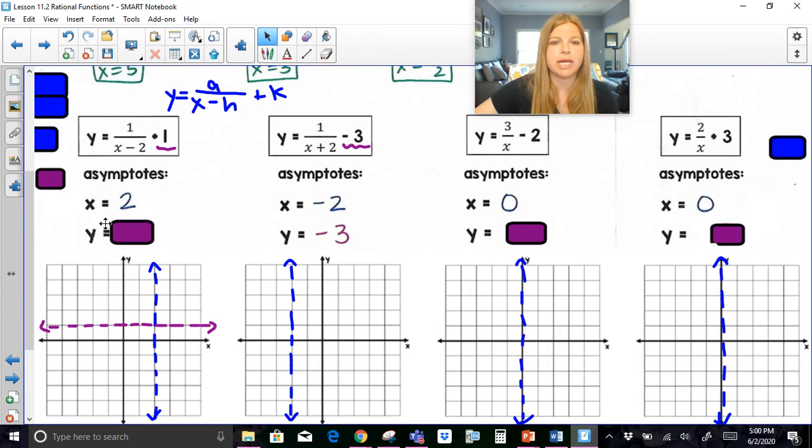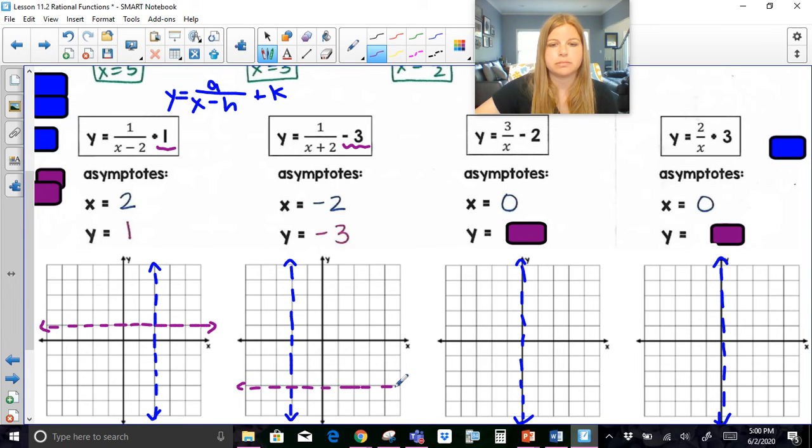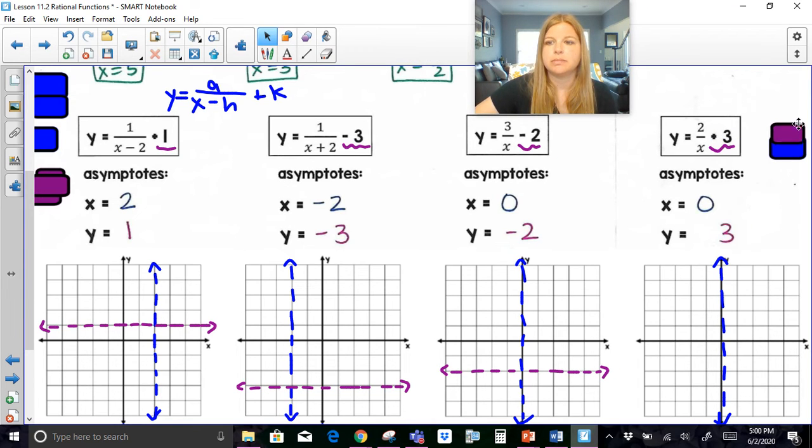So my horizontal asymptote for my y value is at negative 3. Next one, negative 2. So my y at negative 2 would be my next asymptote. And the last one is at positive 3. And I'm going to create that asymptote.